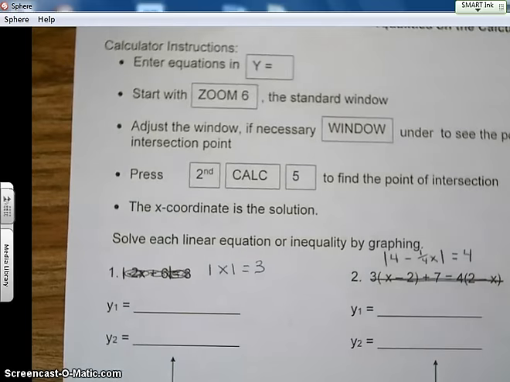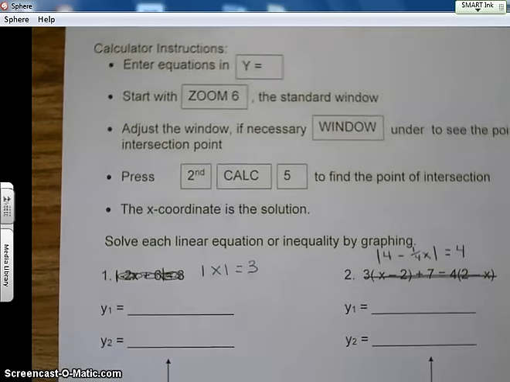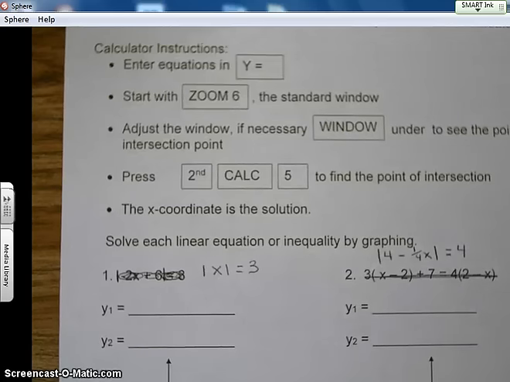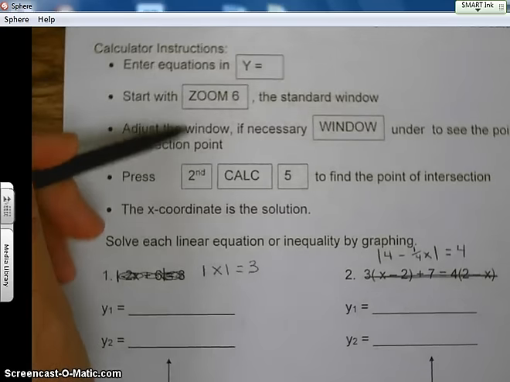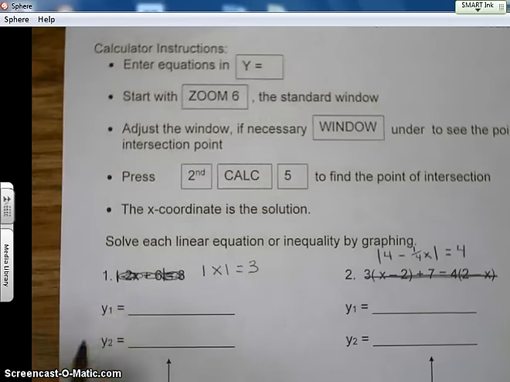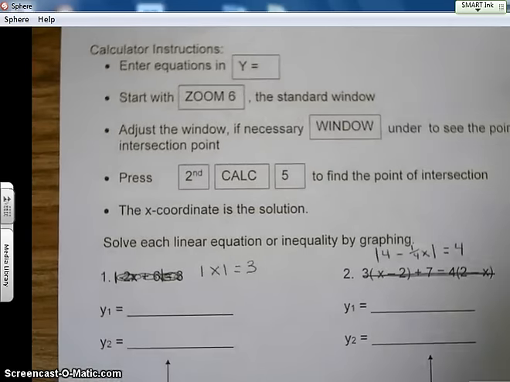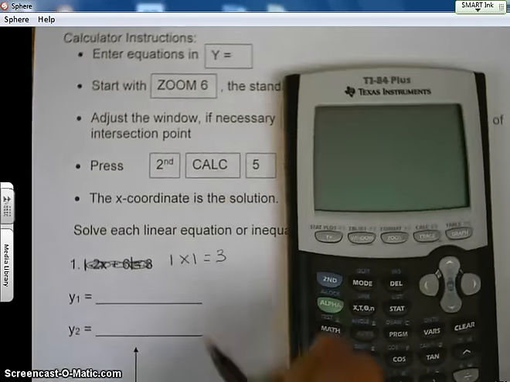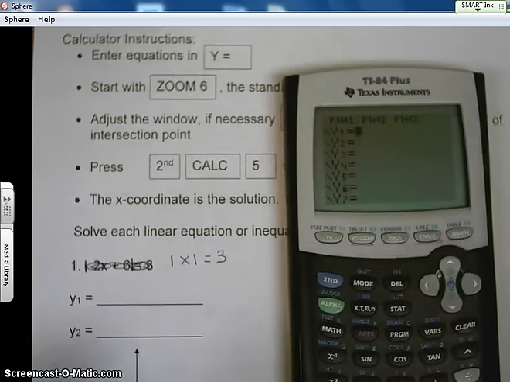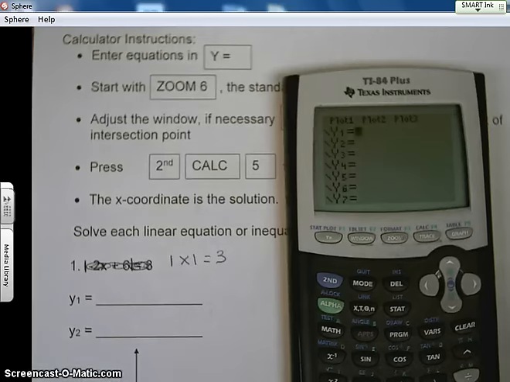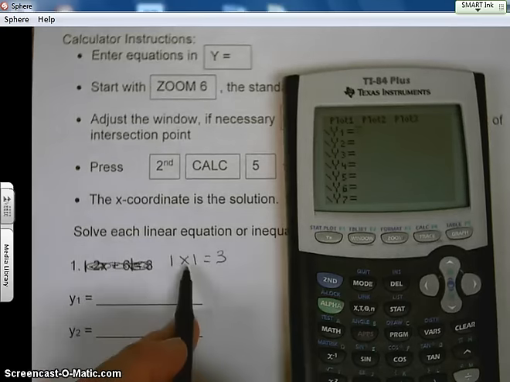Okay, so now if you don't have a calculator, it's okay. Follow along and you'll be able to practice this in class. Okay, the calculator instructions are kind of right up here and they're written for you. So in Y1 on your calculator, you're going to press Y equals, you're going to put in the absolute value of x.